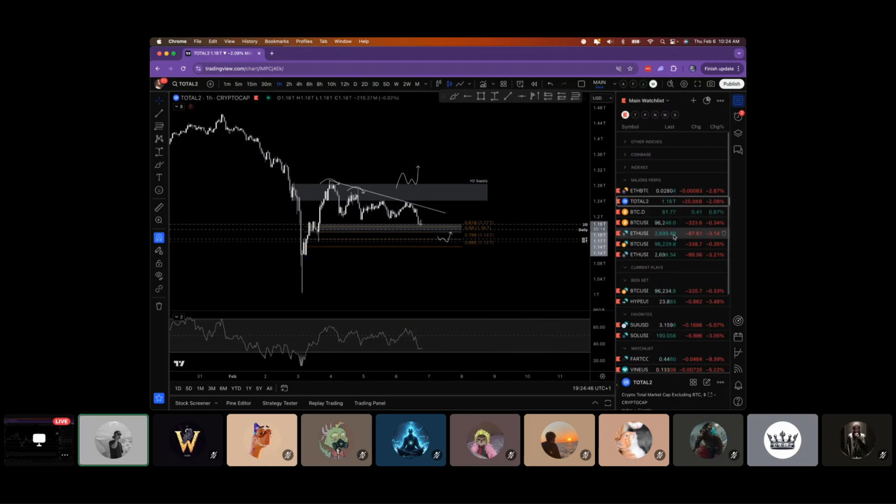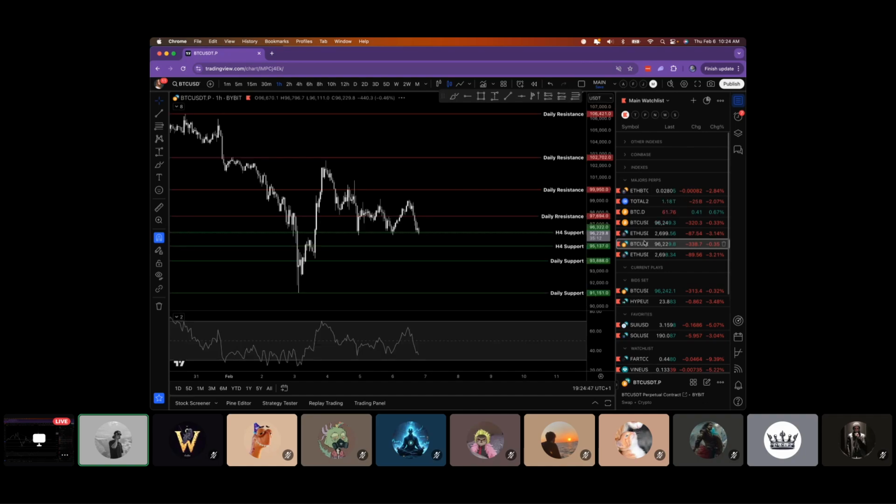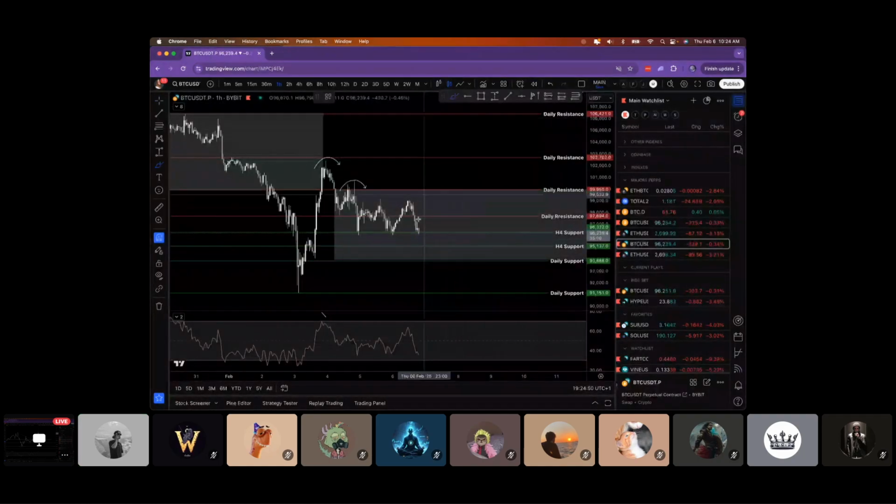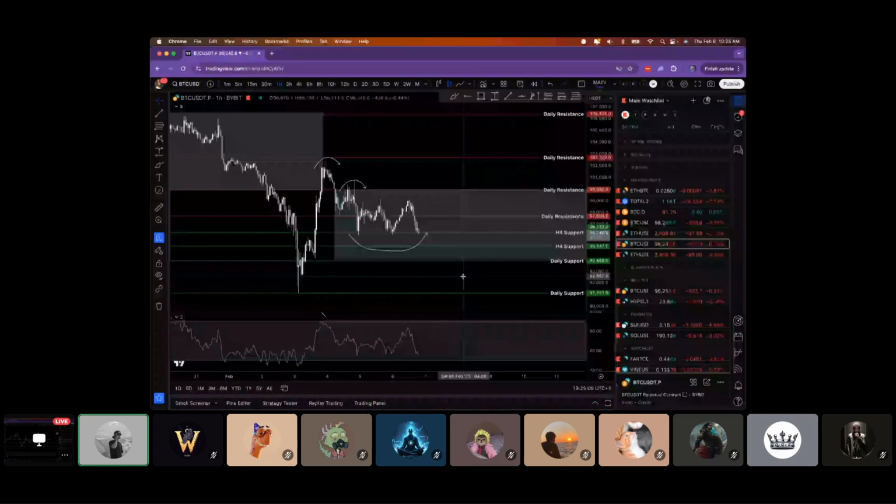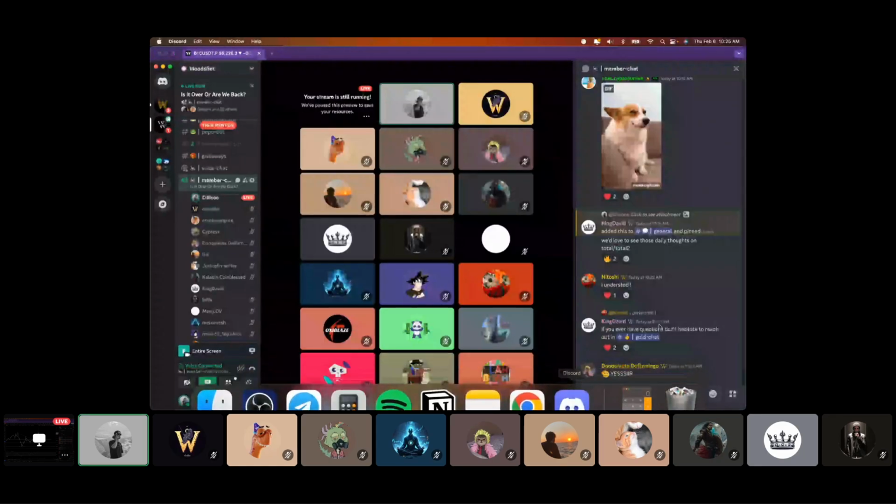Now we're coming into a bound zone here, and we look at Bitcoin, and we have bound zones in here to try and hold, and if not, we can go lower into the daily support here. So that's how I use the Total 2, and I can send updates into the gold chat as we go along. If you guys have any other questions, let me know.